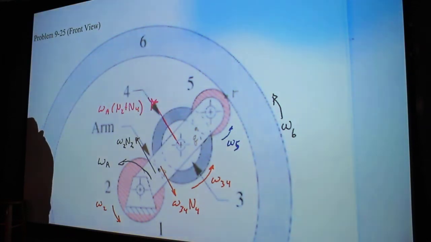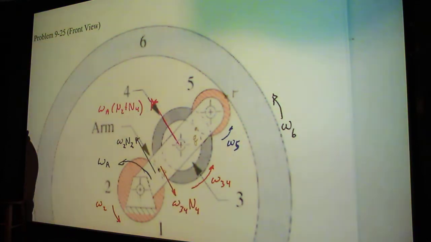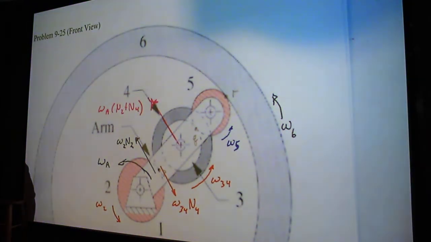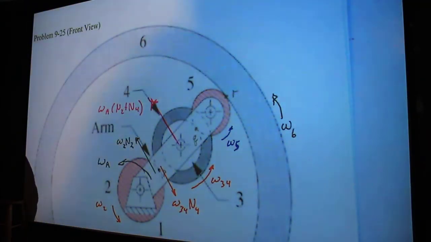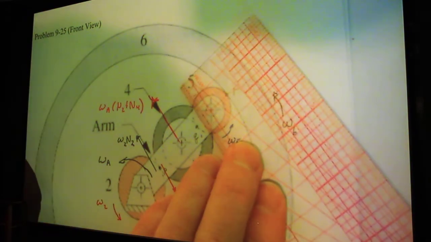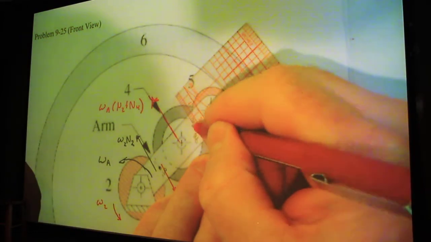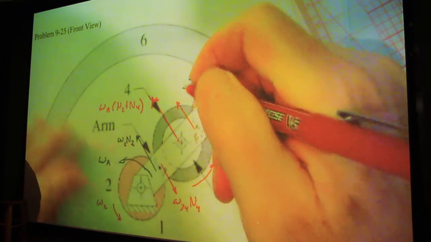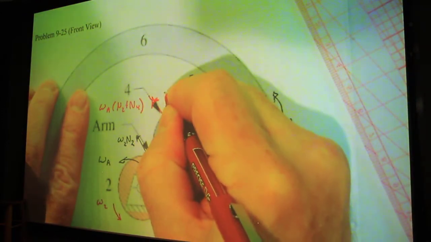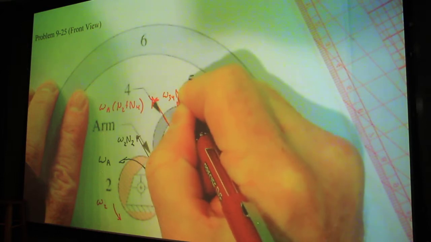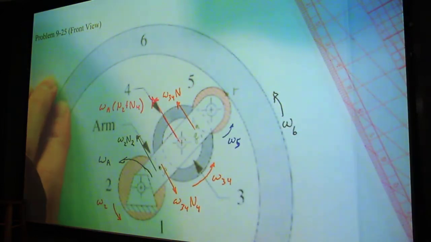All right, so then we now encounter Q. With Q, just on this side of the pitch point, we have omega 3/4 times N what?